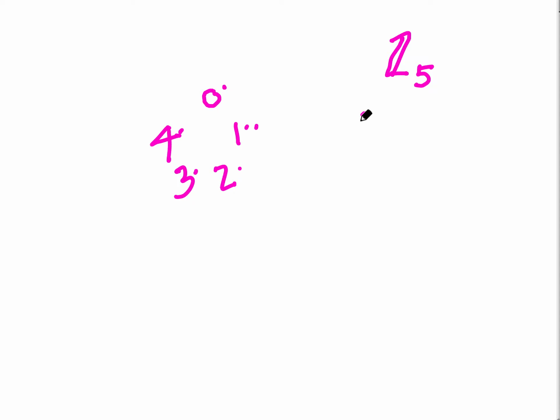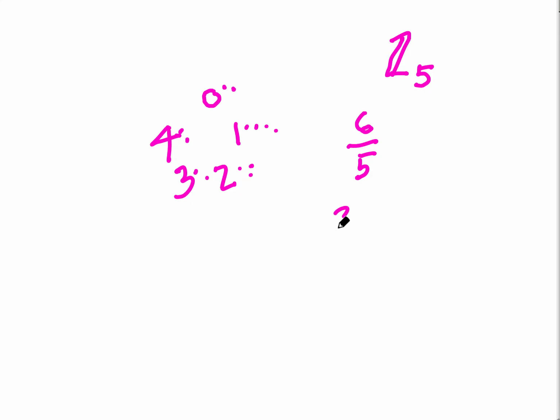It's basically what I do is I take 6, I divide it by 5, and whatever remainder I get, that's the number. If I'm going to add, I do something similar. If I'm going to add, let's say 3 and 4, I go 1, 2, 3, 1, 2, 3, 4. I get 2.